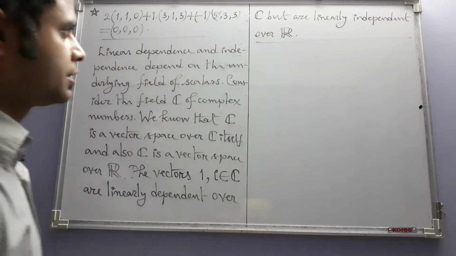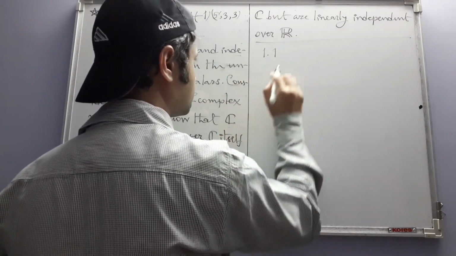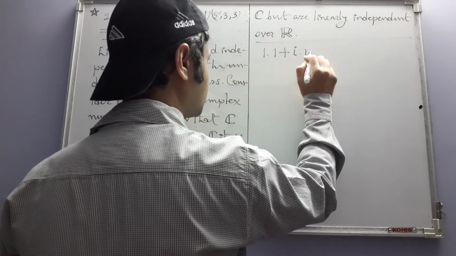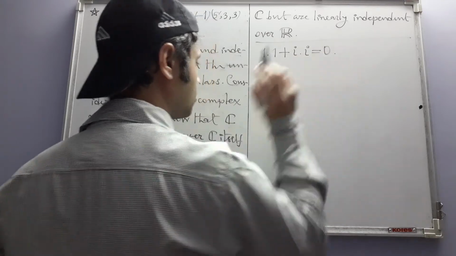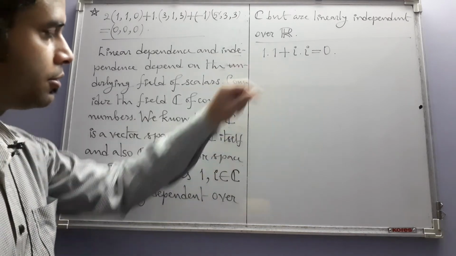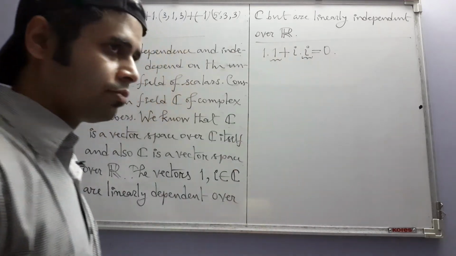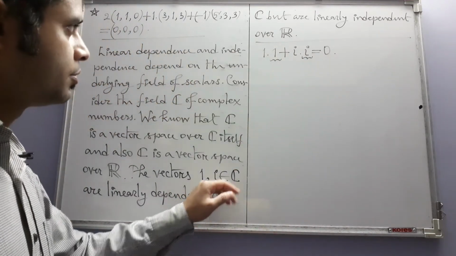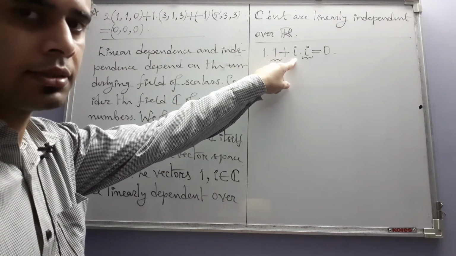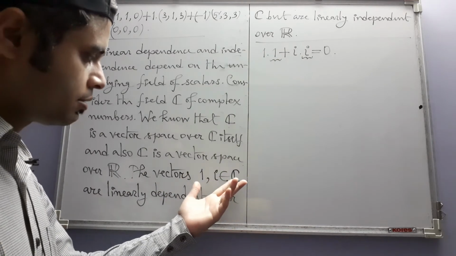They are dependent over C because of this equation where you treat this 1 and this i as vectors, and the other coefficients 1 and i as scalars, because the underlying field of scalars is also C itself.